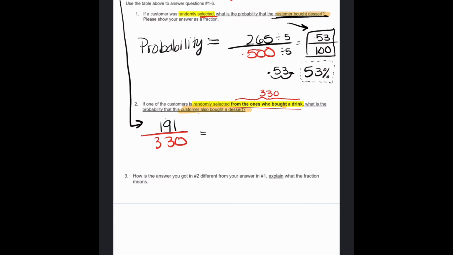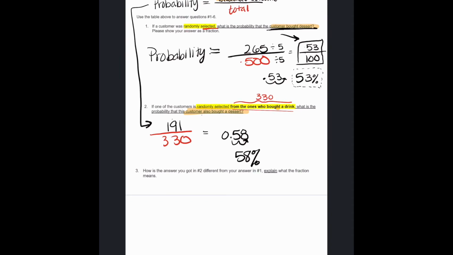191 divided by 330 becomes 0.587878. So I'll go ahead and round that to 0.58. And then to make that a percentage would be moving over twice. So 58%. So if one of the customers was randomly selected from the ones who bought a drink, what is the probability that the customer also bought a dessert? A 58% chance.